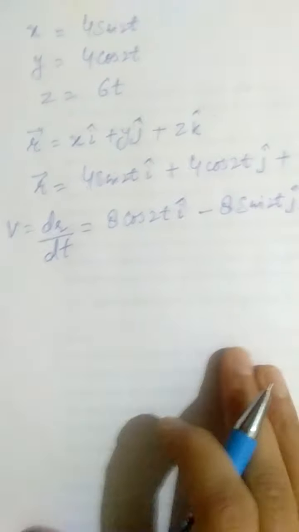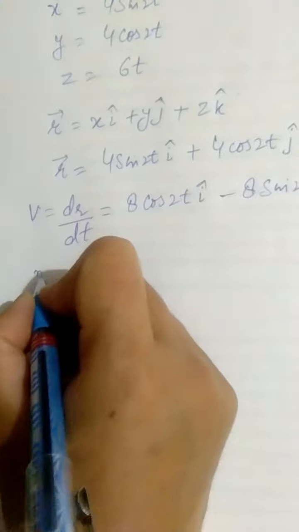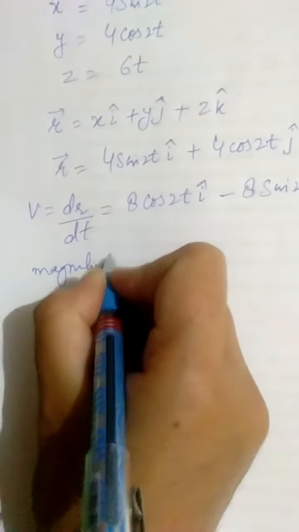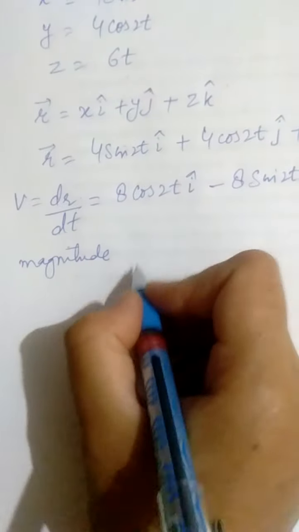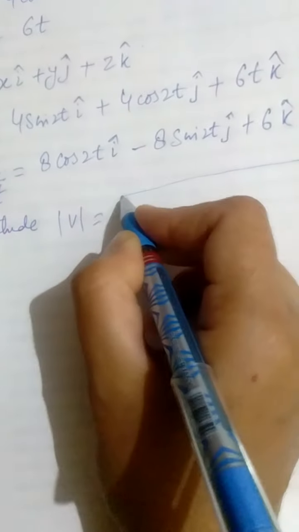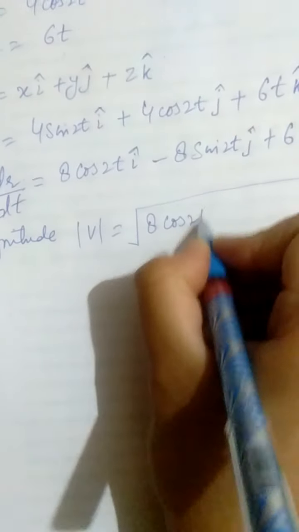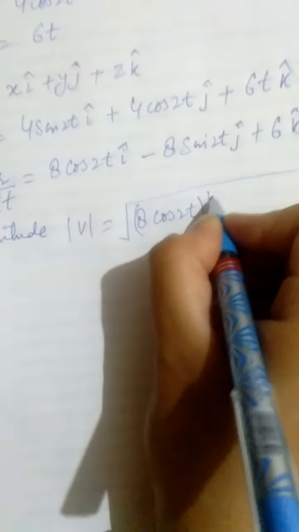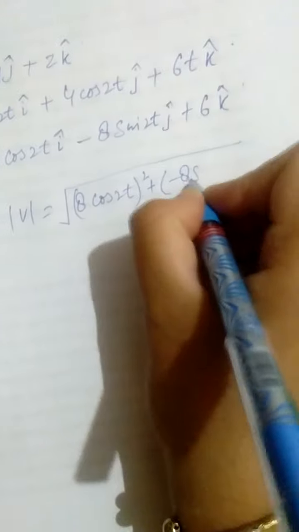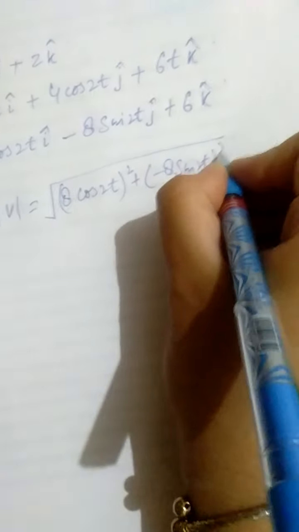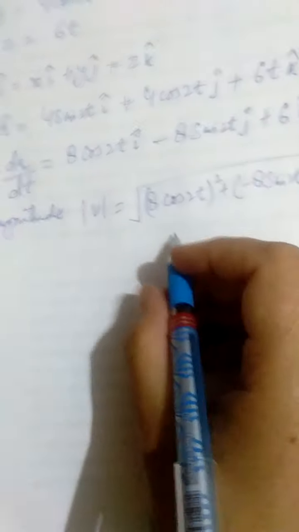Now, if you have to find the magnitude of velocity, we know that the magnitude of v will be basically the square root of all this squared. It will be 8 cos 2t squared plus minus 8 sine 2t squared plus 6 squared, right?